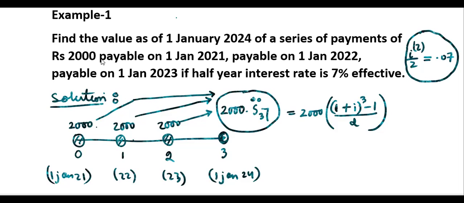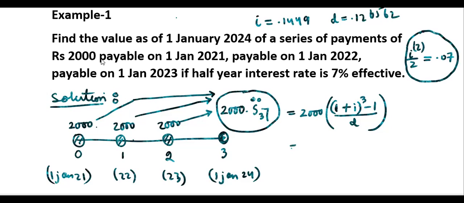So if i(2) over 2 is 7%, check that i is 0.1449 and d is 0.126562.